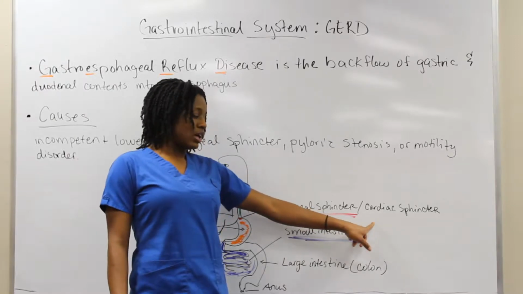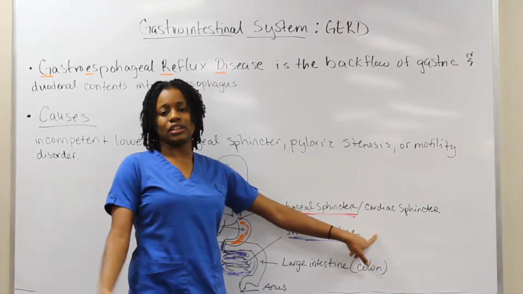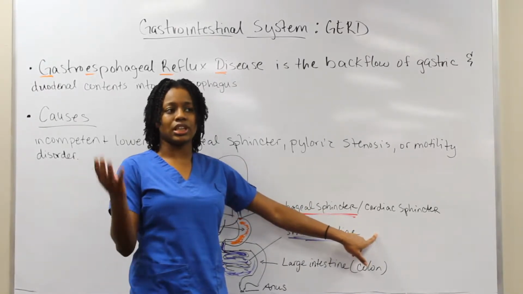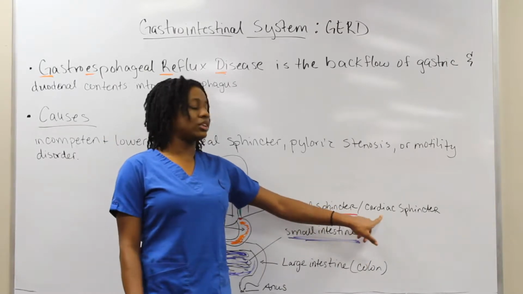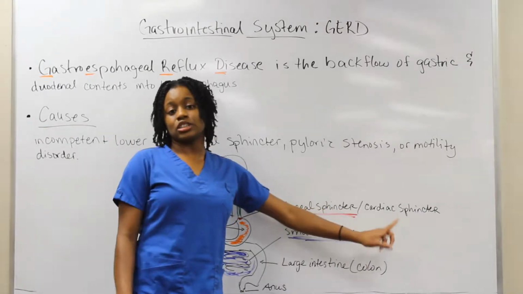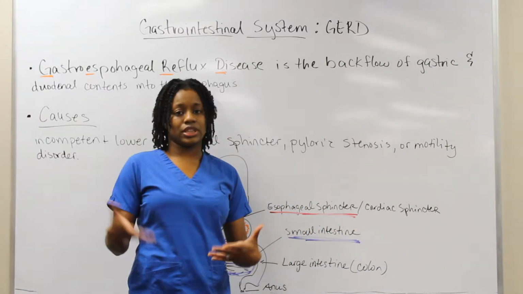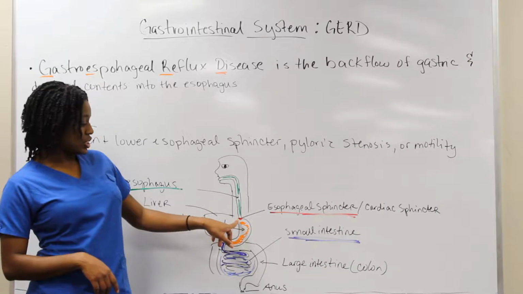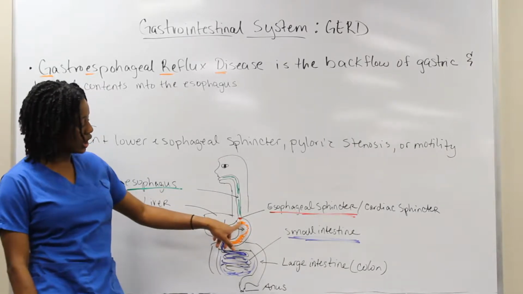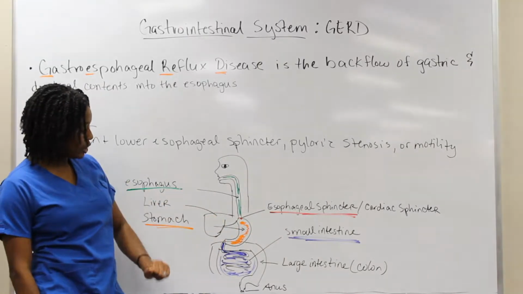If you've recently had anatomy and physiology within the last 5 years, they use the name cardiac sphincter. But I just want to let you know, cardiac sphincter and esophageal sphincter are the same thing, okay? And that region is in red, so that is your cardiac or esophageal sphincter here, okay?